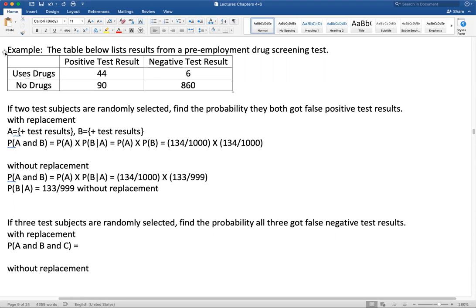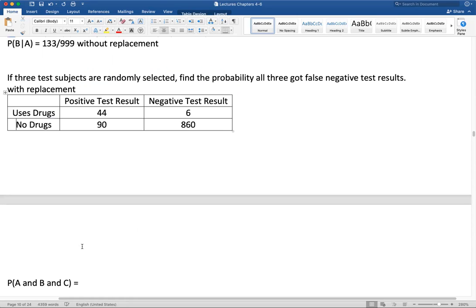So here, we already figured out the first positive test result. This is the first negative test result. Why? Because you see that these 6 persons, in the screening test, the result is the negative test result.